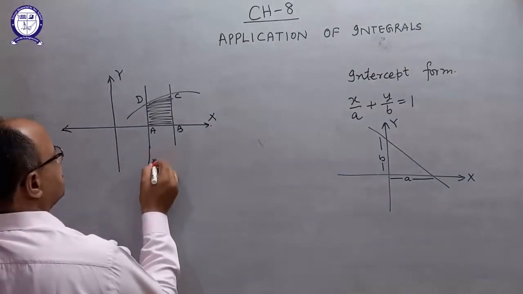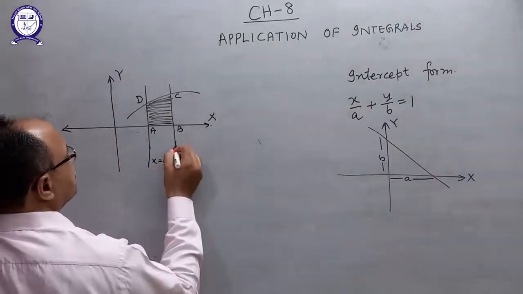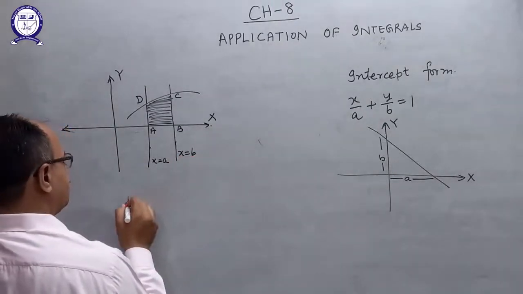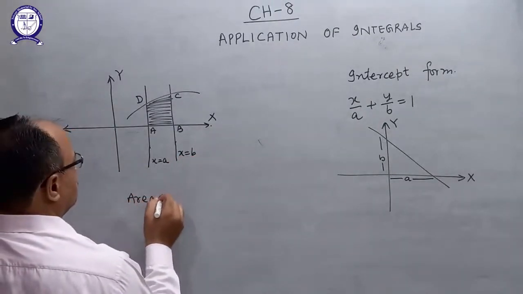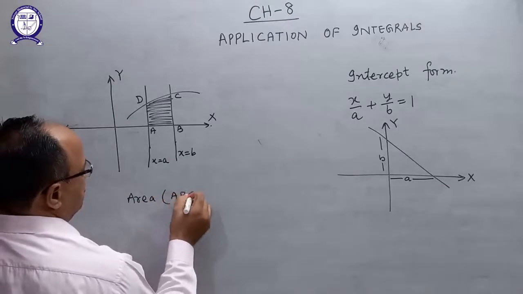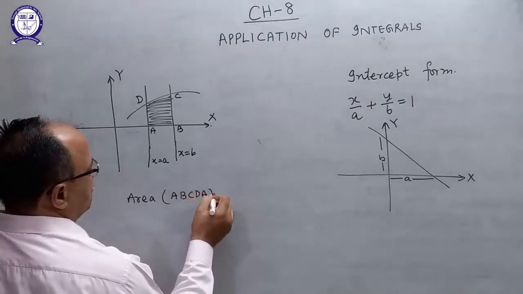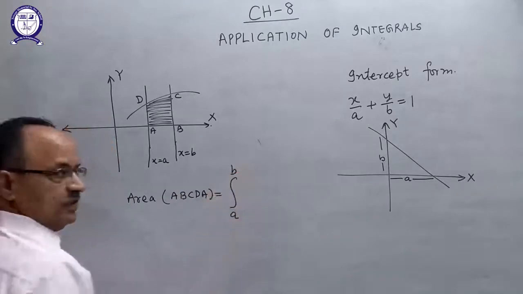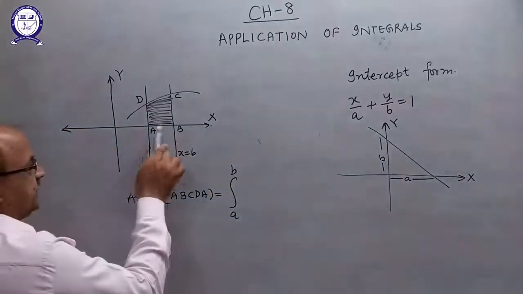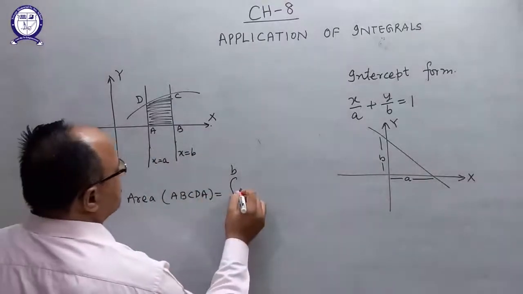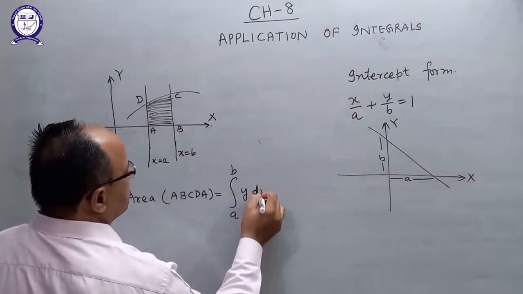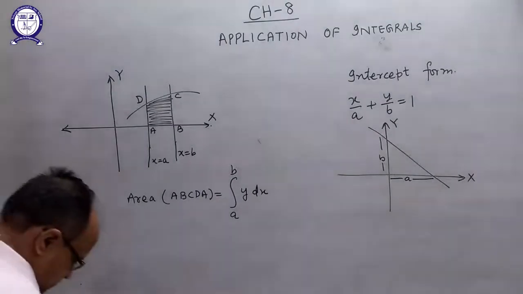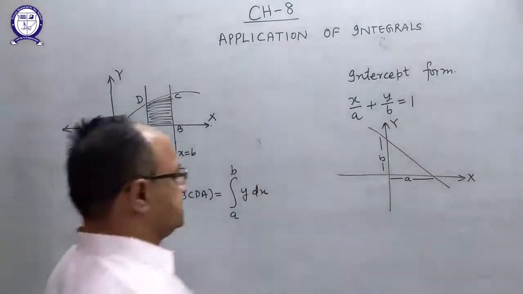The equation of this line is x is equal to a, and the equation of this line is x is equal to b. Therefore, area ABCDA is integration with limit a to b, left to right, of y dx. This is a very important result.